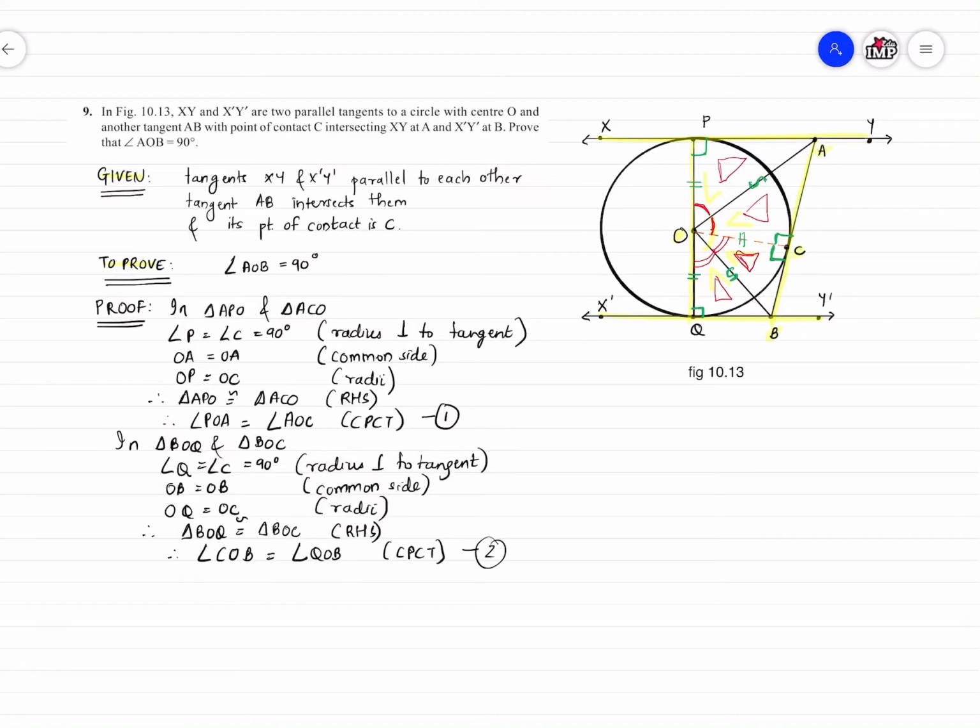So now let's look at the linear angle POQ. So I know that POQ is actually the sum of angles POA plus AOC plus angle COB.